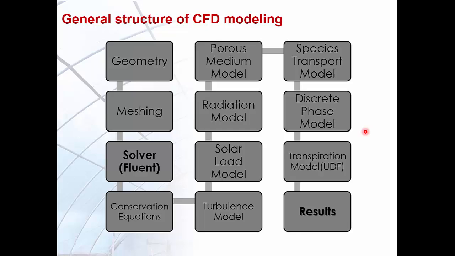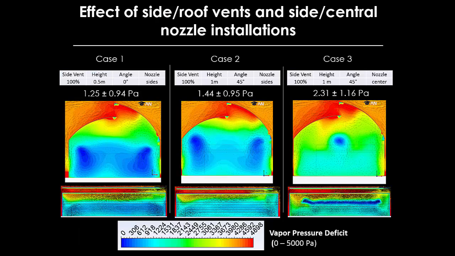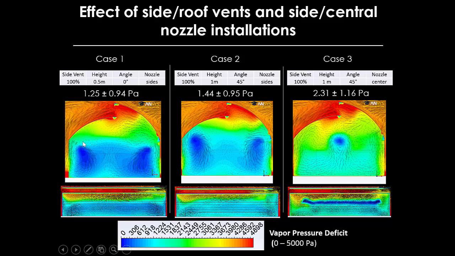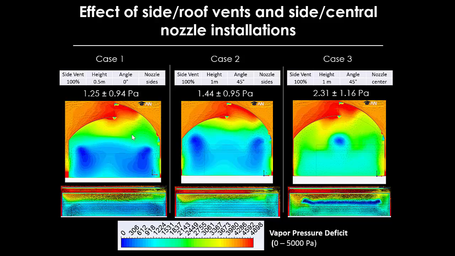Here is an example of the result obtained from a computational fluid dynamics analysis of greenhouse microclimate. In this example, we are able to see the details of the airflow characteristics as well as the distribution of vapor pressure deficit, which is a combined effect of air temperature and humidity for the greenhouse system.